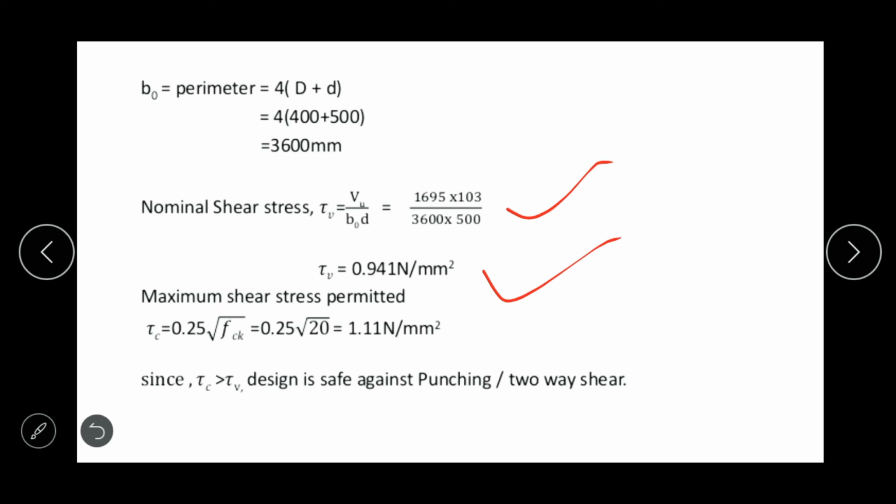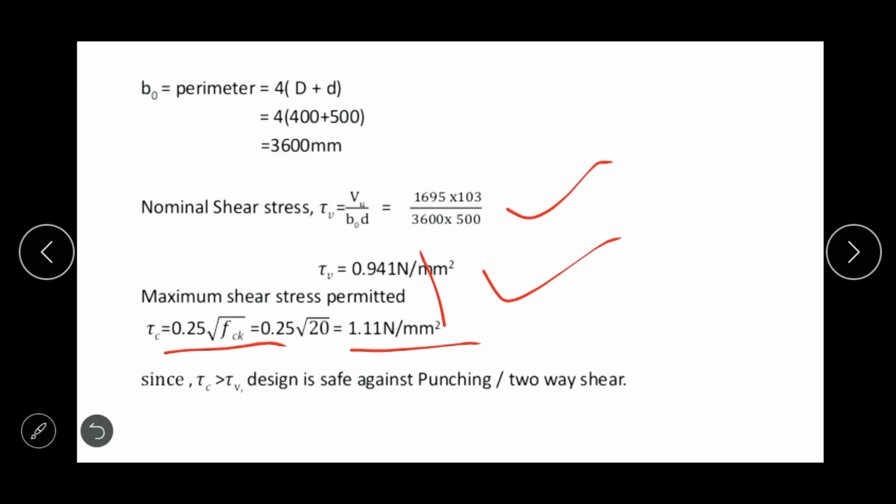But its resisting capacity, as per IS 456, we can calculate the maximum shear stress against the punching shear, which is 0.25 root over fck, equal to 1.11 Newton per mm square, which is much higher than the actual stress coming.